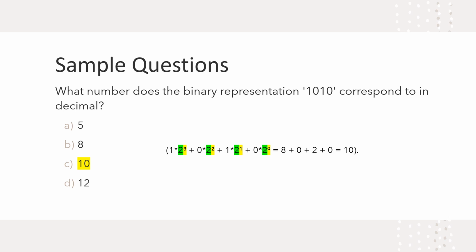So we take our 1 times 2 to the third, 0 times 2 to the second, 1 times 2 to the first, plus 0 times 2 to the 0. So it becomes 8 plus 0 plus 2 plus 0, and it's going to equal 10. So 1010 corresponds to 10 in decimal.